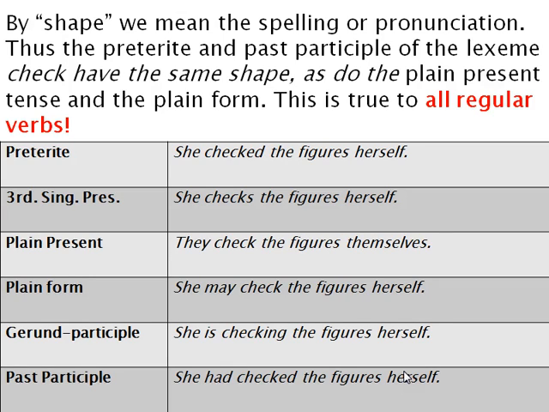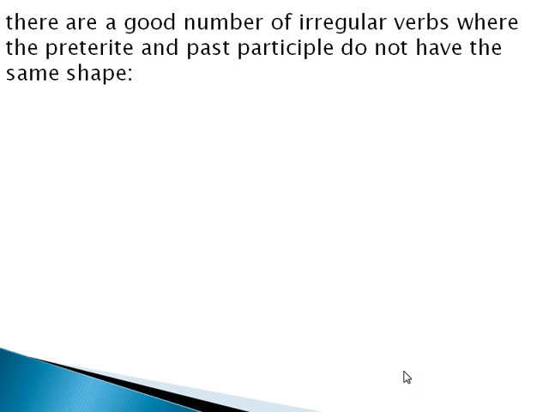So, there is a good number of irregular verbs in which the preterite and past participle do not have the same shape. Can you mention one case? A number of irregular verbs in which the preterite and the past participle don't match. They are not the same.